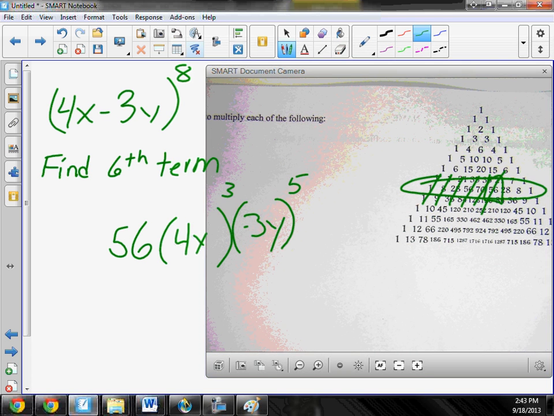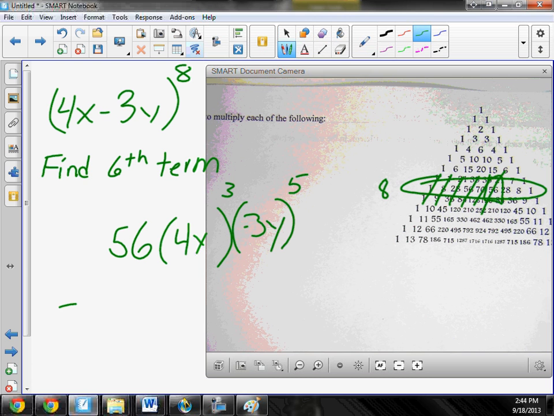No, the top one doesn't count because that's row 0. That's the 0 power. Good, that's a good thing. So this is row 8, which is actually row 9, but the top row is the 0 power. So we can ignore that. All right, so the term is going to be negative. What is, somebody do this for me, 56 times 4 to the 3rd times 3 to the 5th.